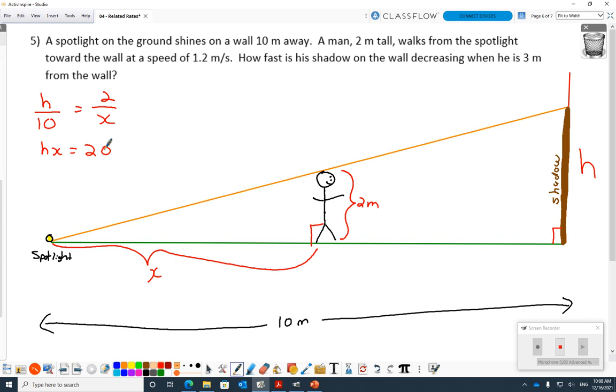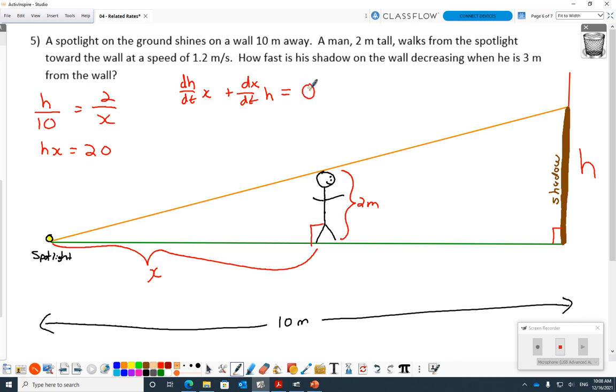Going to the left side, dh/dt times x plus dx/dt times h: derivative of the first times the second plus derivative of the second times the first. And the derivative of 20? 0. Still 0.